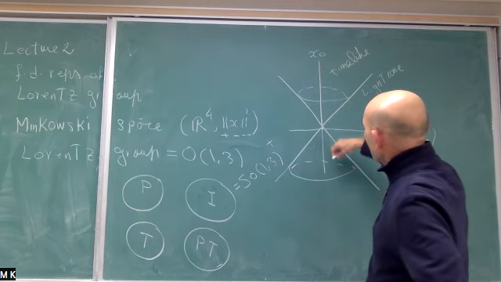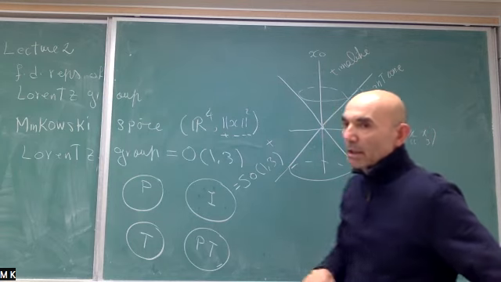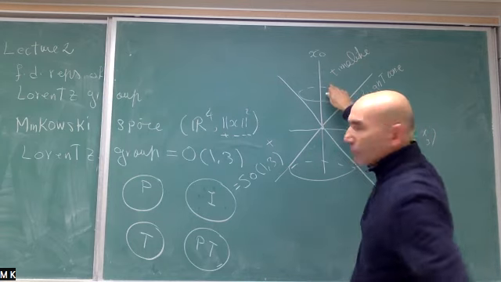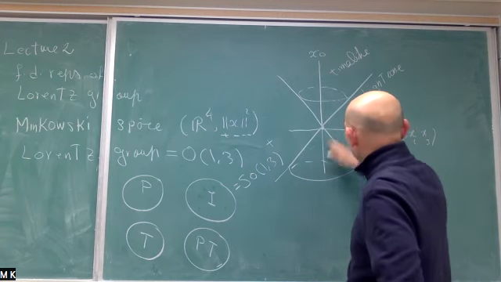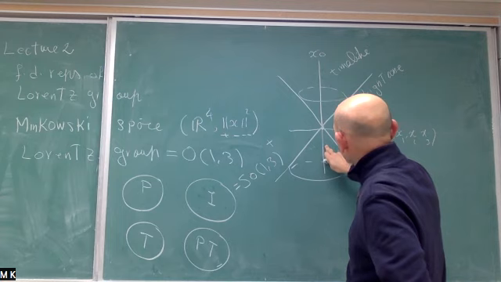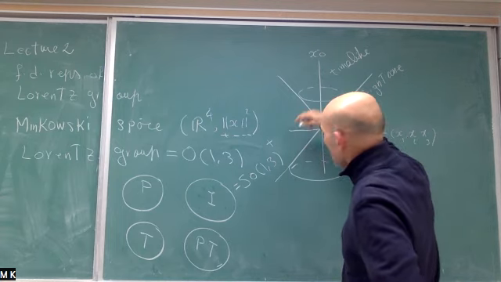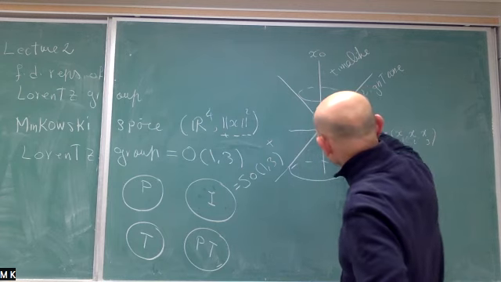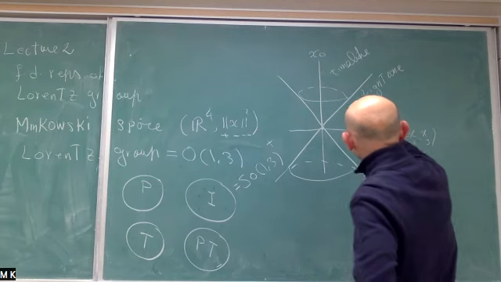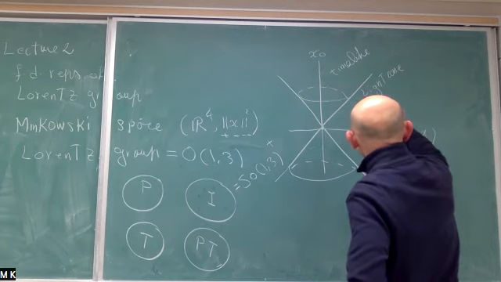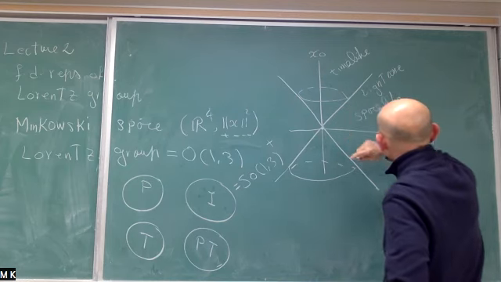The time-like vectors have 2 connected components, one for positive x0, the other for negative x0. And there is a third one, which is the rest, called space-like vectors.